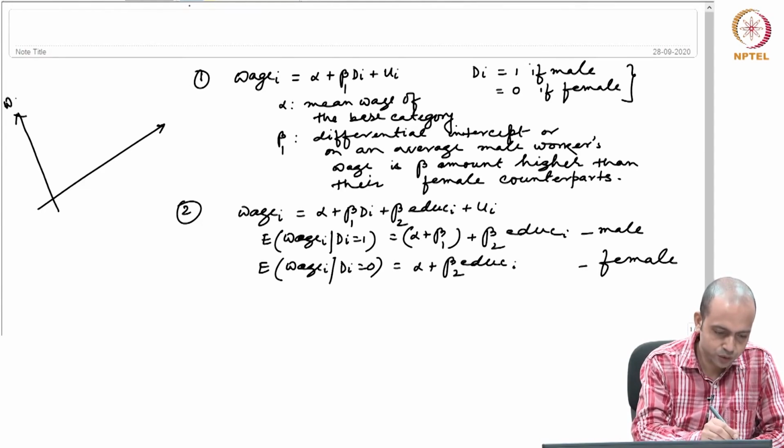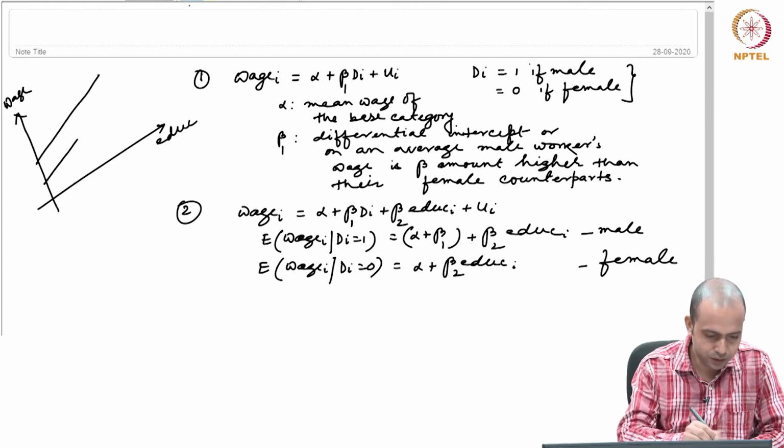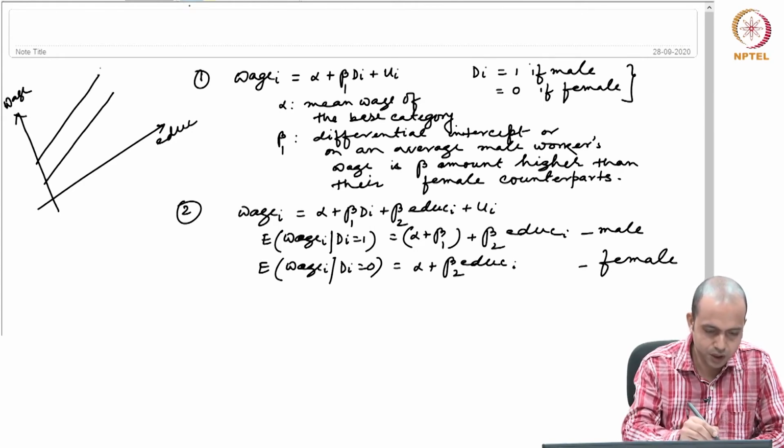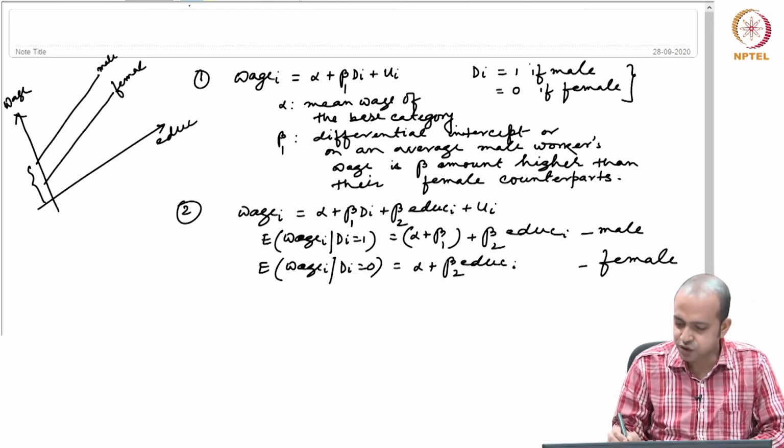So, this second case, if you represent it in terms of a diagram, here it is wage and here it is education. Let us say this is male and this is female. This is the male's intercept, how much?